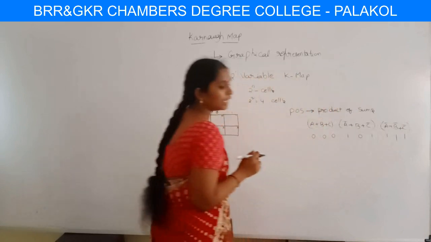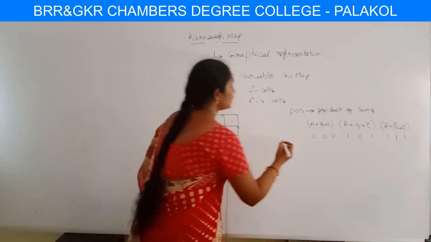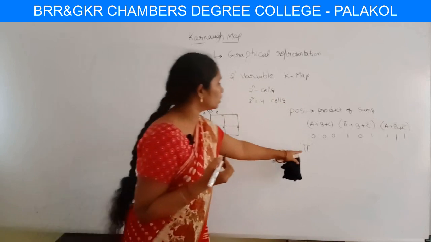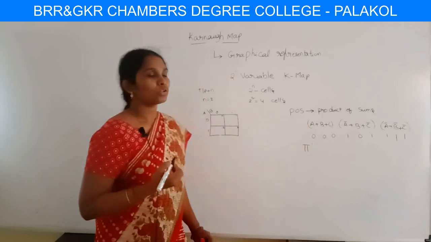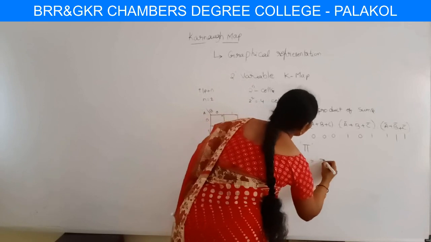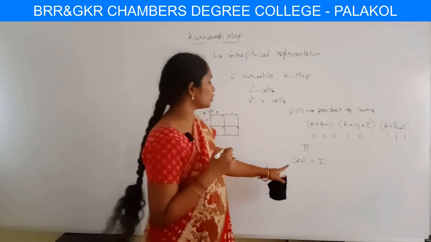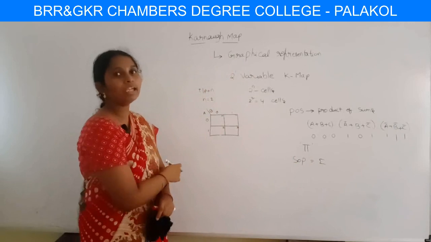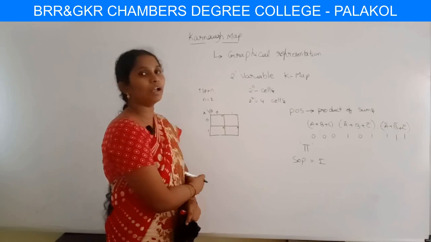Likewise you have to write in POS form. The POS form is represented with a pi. By using this symbol we can identify that the given question is a POS representation. In SOP form it is represented with sigma, that means summation. So when we see sigma, the question belongs to SOP. Likewise you have to identify whether the given question belongs to POS or SOP.